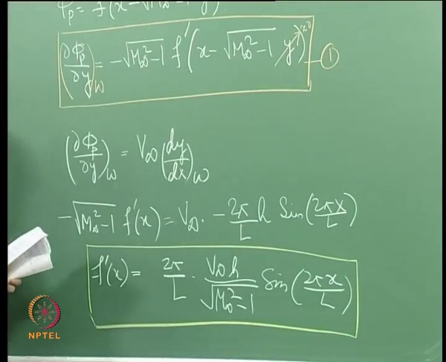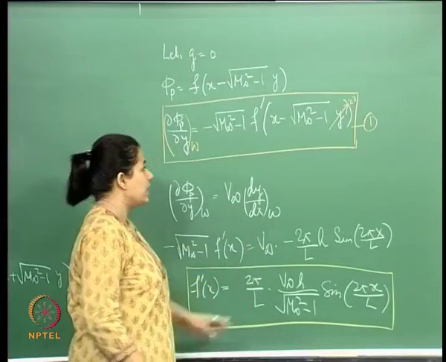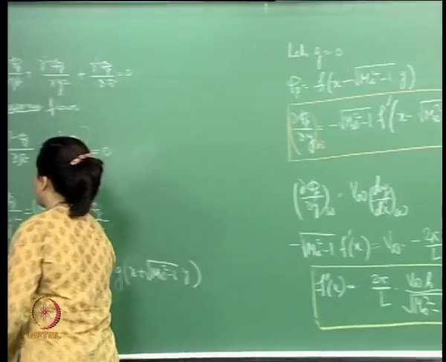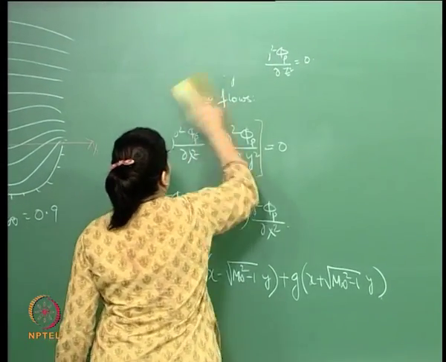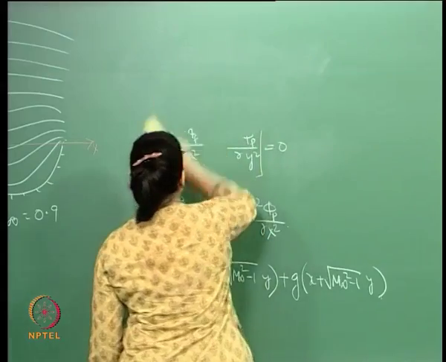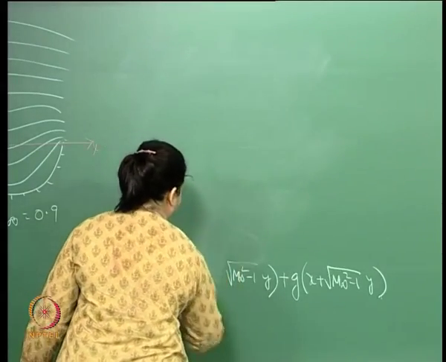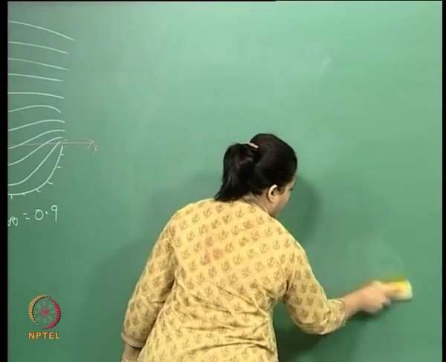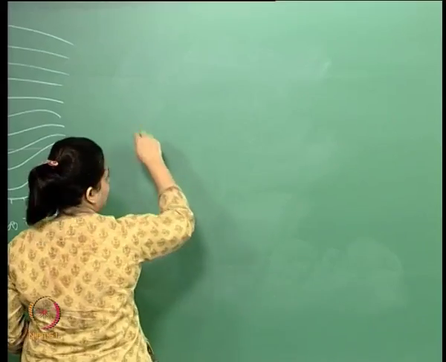Now let's say we will integrate this. Let us integrate this and see what we get. Okay, so f dash x is this.